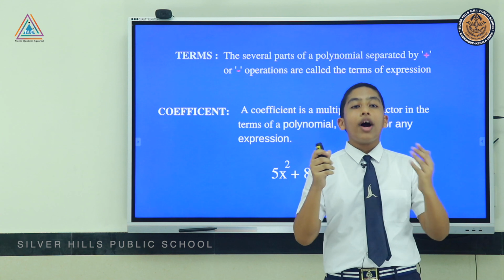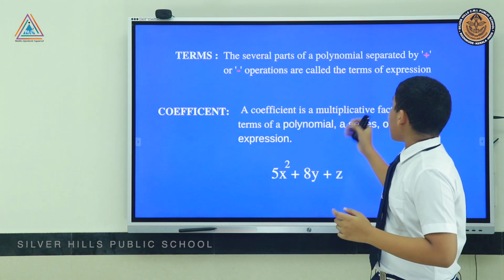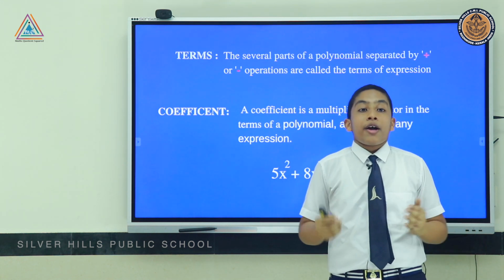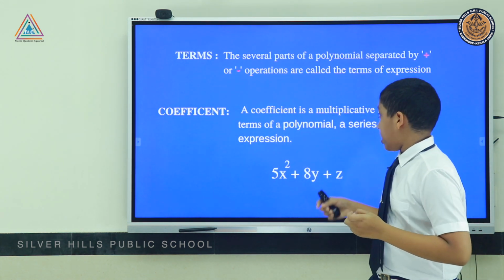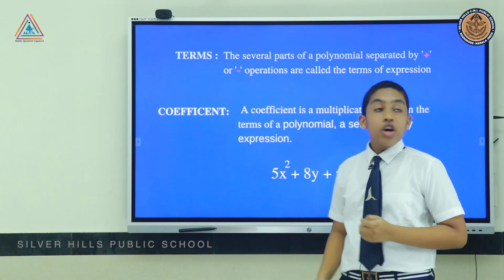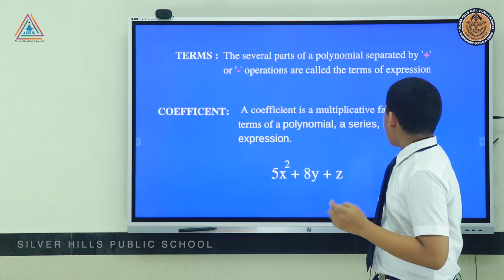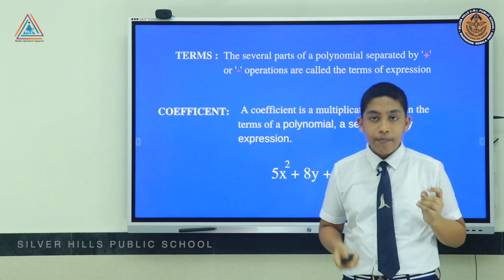So let's know what terms are. Terms are the several parts of a polynomial separated by plus or minus symbols. And coefficients: a coefficient is a multiplicative factor in the terms of a polynomial.